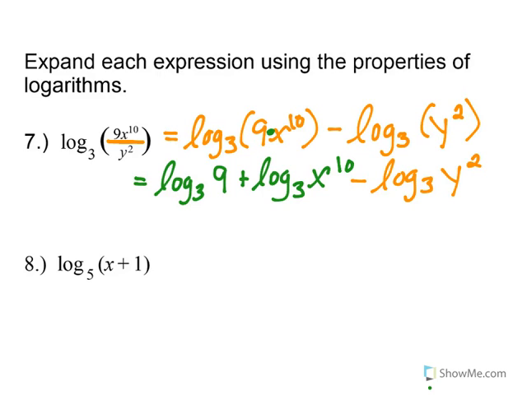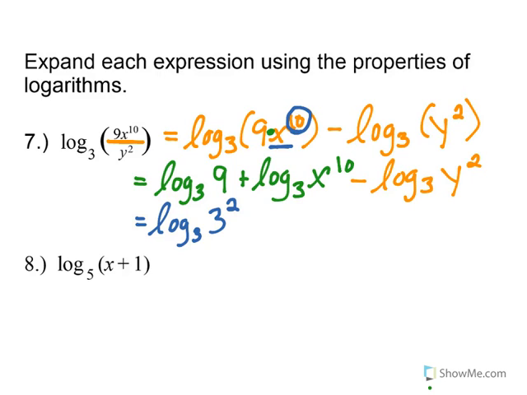I can simplify that down even further. I can say this is log base 3 of 3 squared. Same base means I'll be able to simplify, all right? The other reason why I want to split those apart is this exponent 10 right here only applied to the x. It did not apply to the 9. So I couldn't pull out that 10 until I split the 9 apart from the x to the 10th.